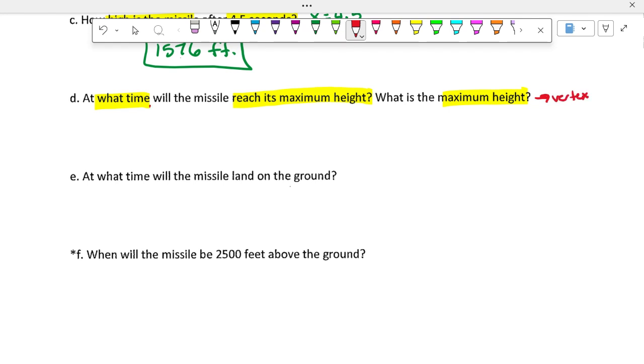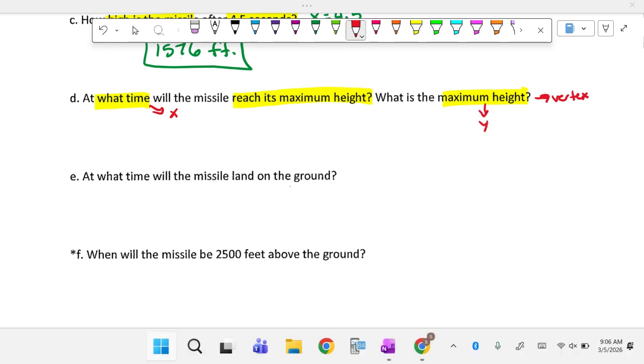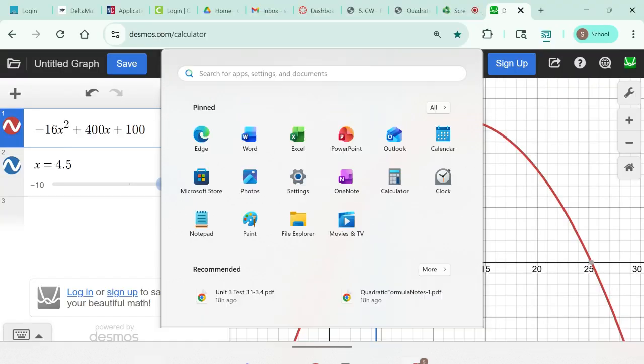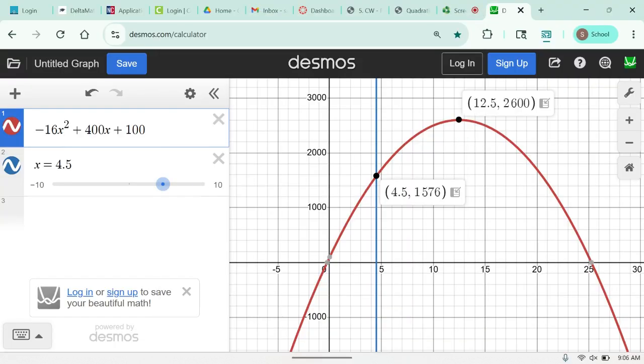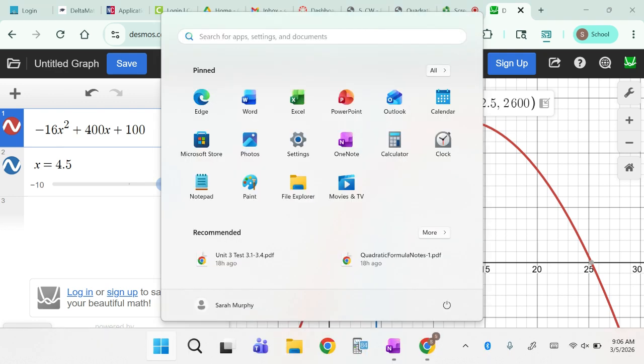Now, the time of the max height comes from what value of the vertex? The x. The max height comes from what? The y. So I'm going back to my graph. I'm going to click on the vertex. So how long does it take to hit the max height? 12.5 seconds.